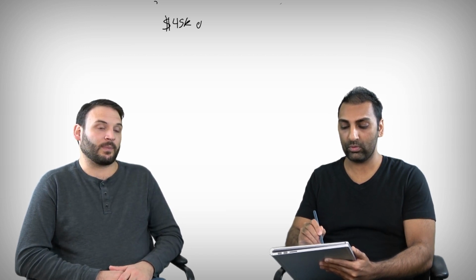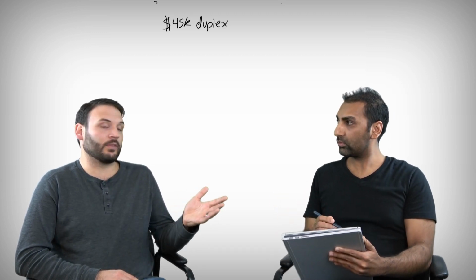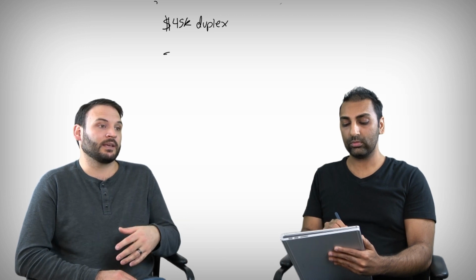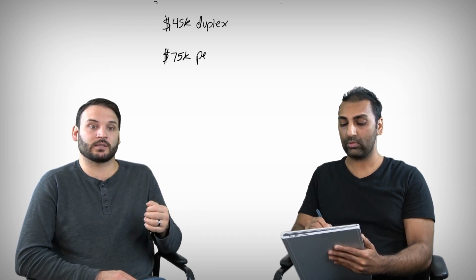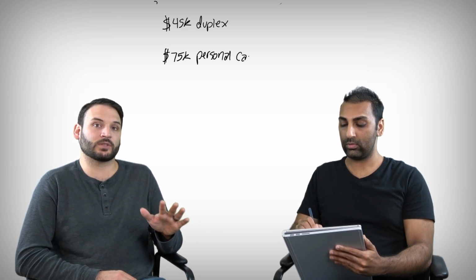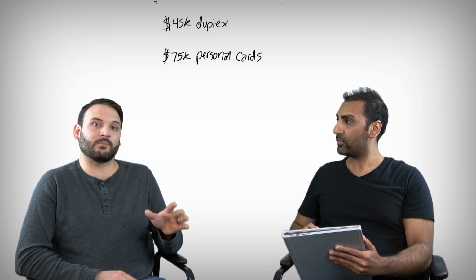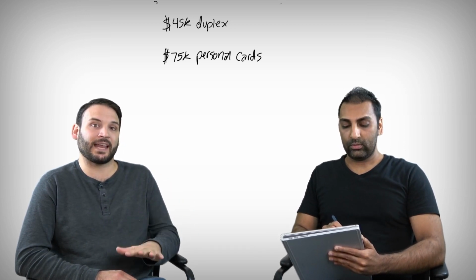This specific customer had $75,000 worth of available personal card limits on his personal credit report. He had dug through his personal credit report and tallied up an inventory of all the personal credit cards that he had. He called each personal bank to find out his cash advance terms, and found out that between all of his personal cards, he had the ability to initiate $15,000 worth of cash advances at a time.